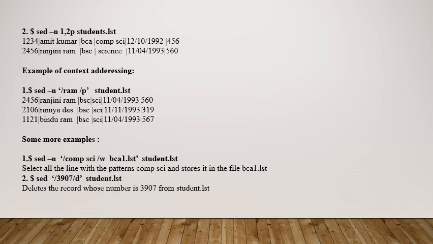In example 1 we used w, which writes the lines matching the pattern computer science. And in the second example, d stands for deleting the record which has the number 3907. So these are some more examples of the sed command.